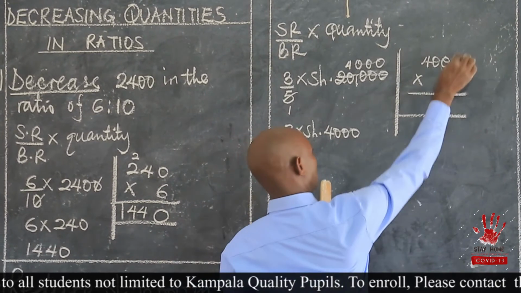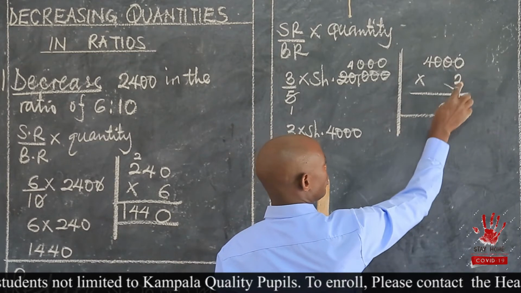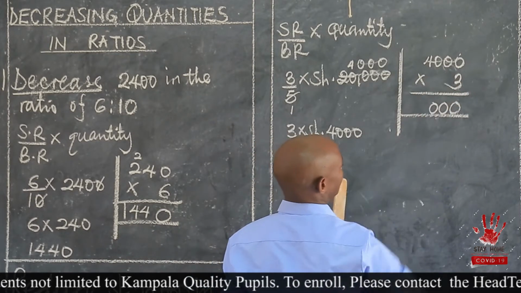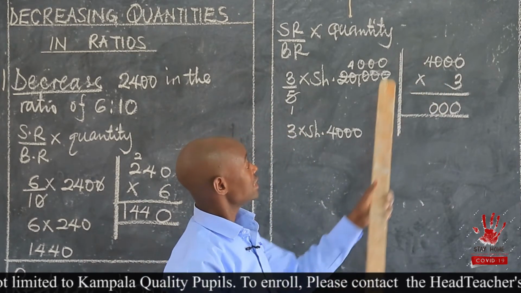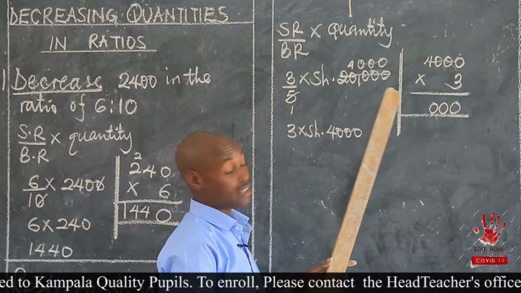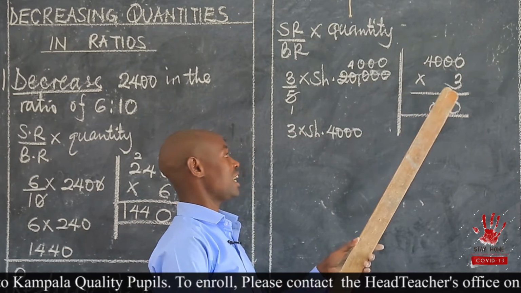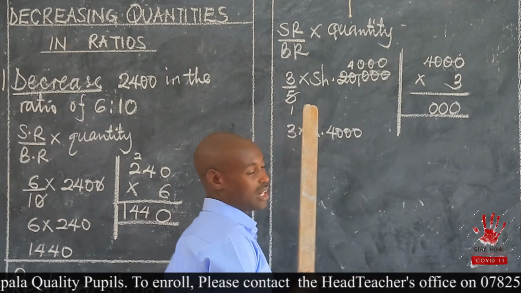Okay? 3 times 0, we get a 0. 3 times 0, we get a 0. 3 times 0, we get a 0. 3 times 4, what do we get? Table 3. It means you are going to add 4 3 times, or you add 3 4 times. So when you add 4 3 times, what do you get?